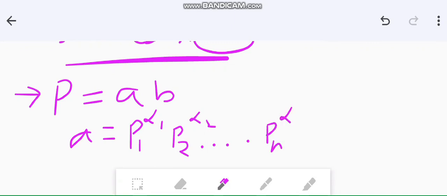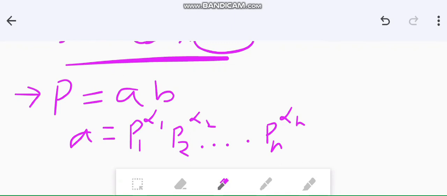I've shown you that it can be written as the product of primes or the prime itself. We are supposing it to be the product of primes, so it can be written as p1 to the power alpha 1, p2 to the power alpha 2, and so on up to pn to the power alpha n. Now we do not know how many primes or what is the degree of the prime.